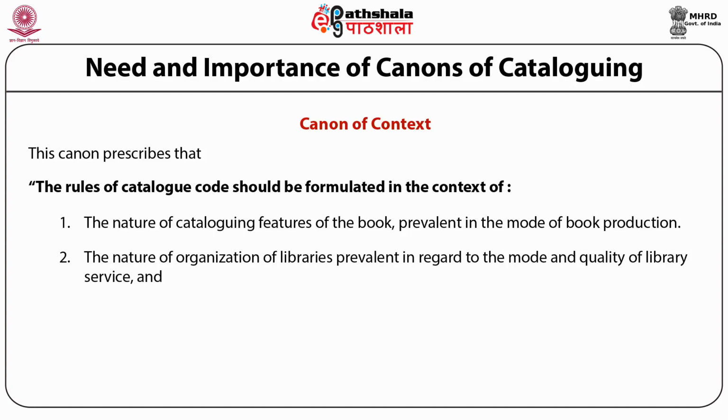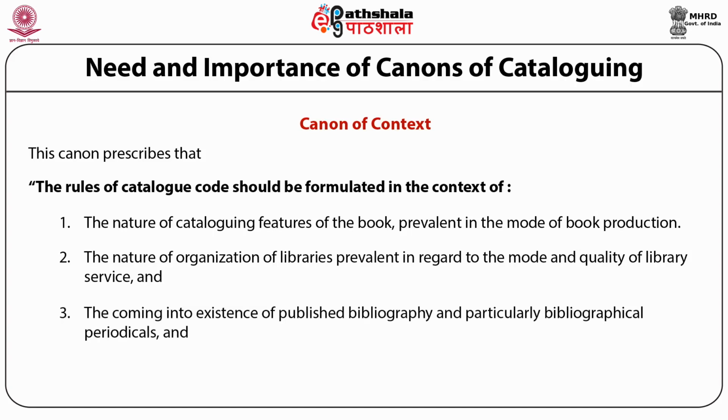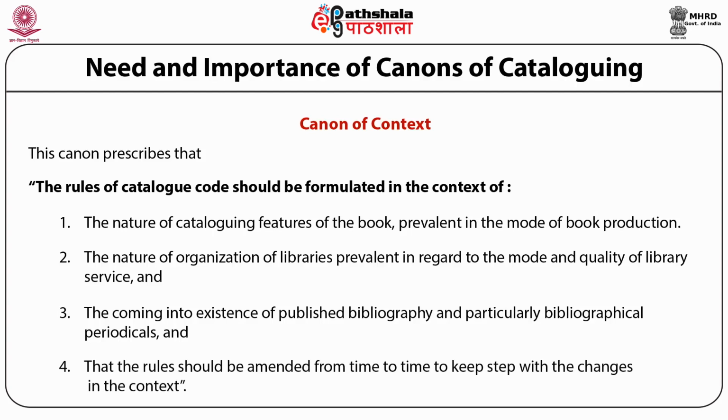Third, the coming into existence of published bibliography and particular bibliographical periodicals. And fourth, that the rules should be amended from time to time to keep step with the changes in the context.